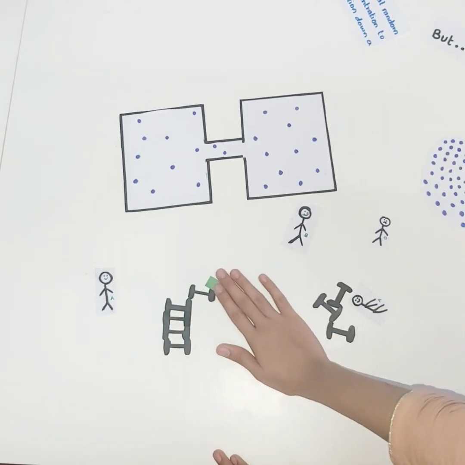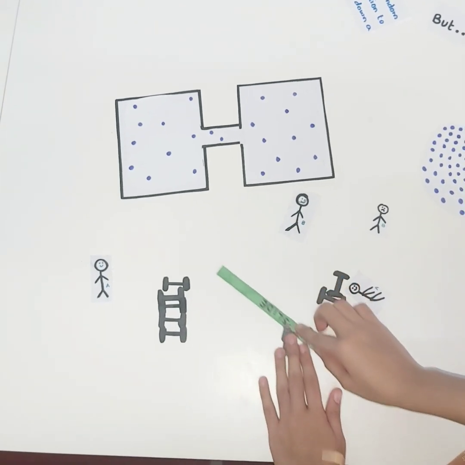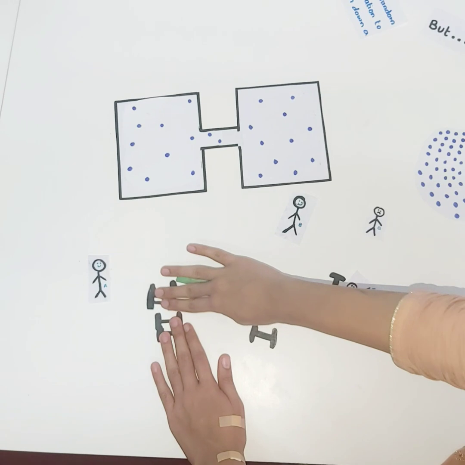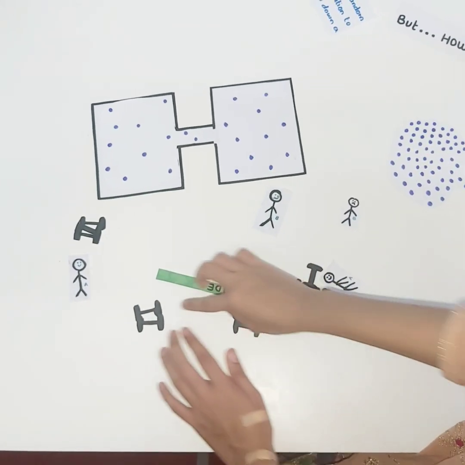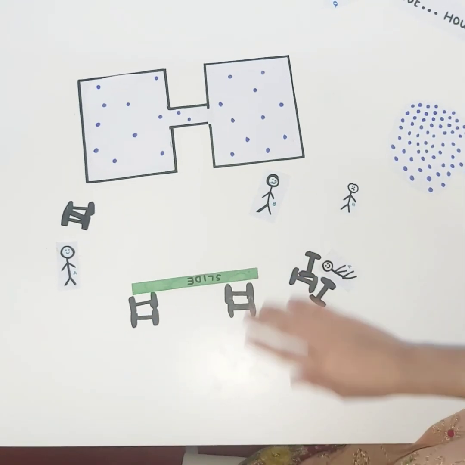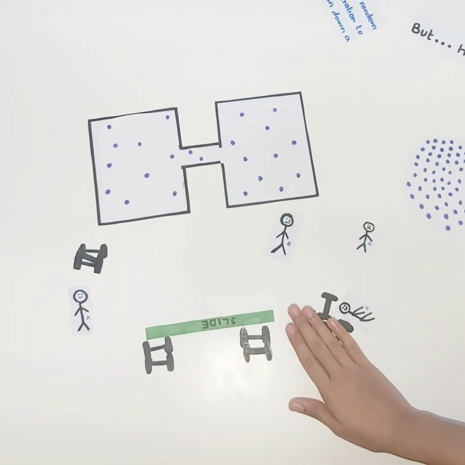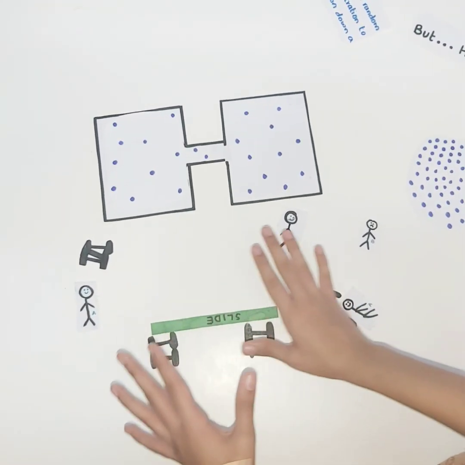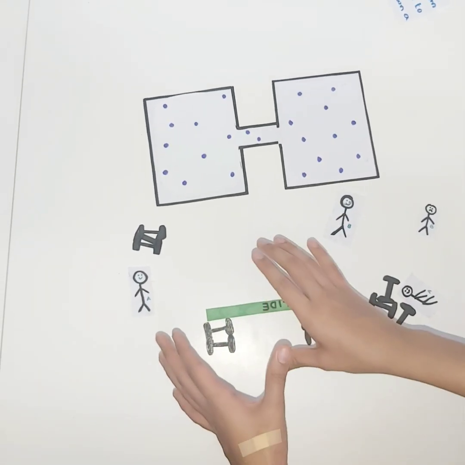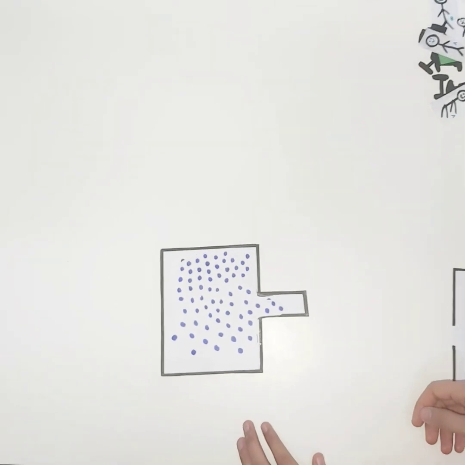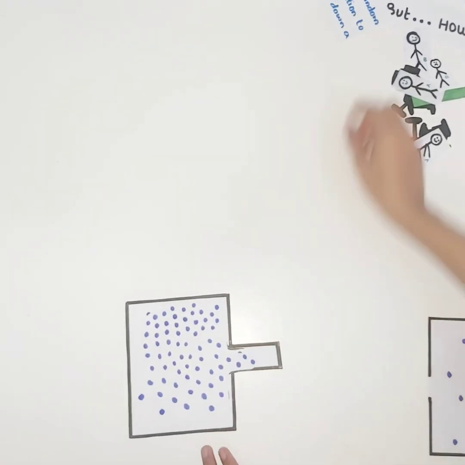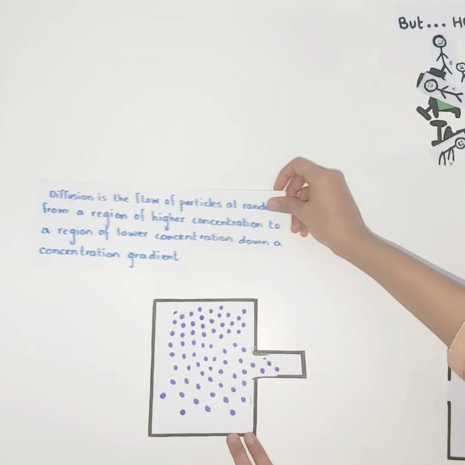If you don't have a gradient, either there is nowhere else to go, or the number of molecules is just the same on both sides and the slide is plain. So that is what I'm trying to tell. This is what a gradient is. So the molecules here were in a greater concentration. I'm going to put the definition in front of you.